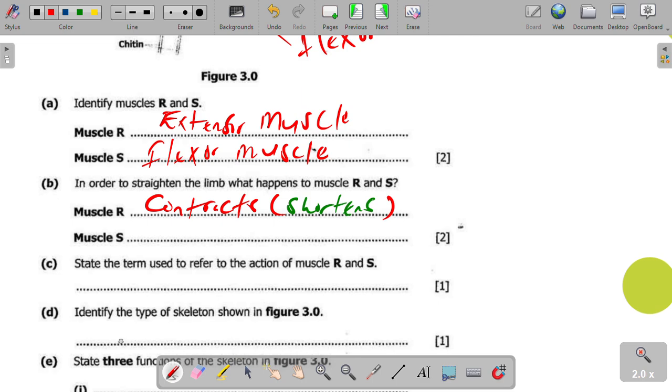Okay, what about muscle S? Muscle S relaxes, meaning it lengthens.